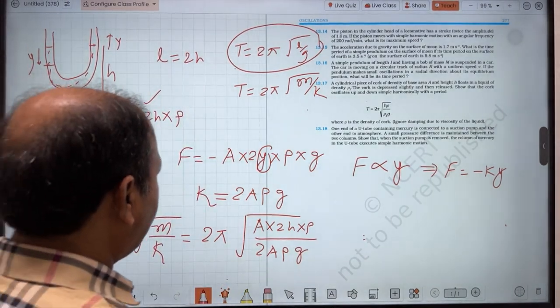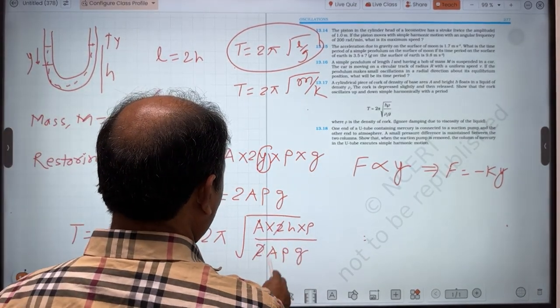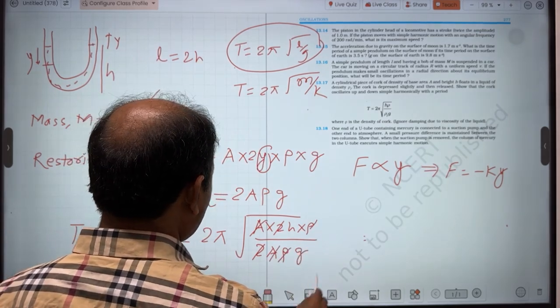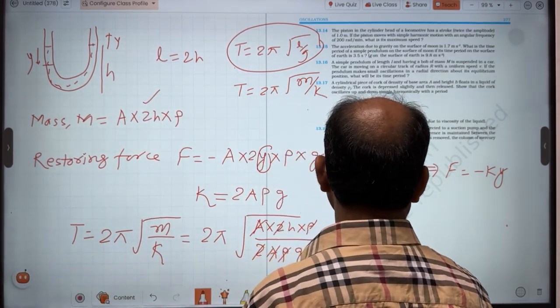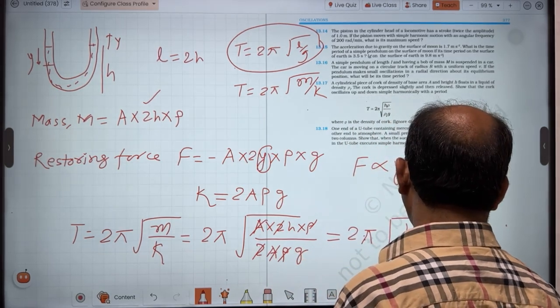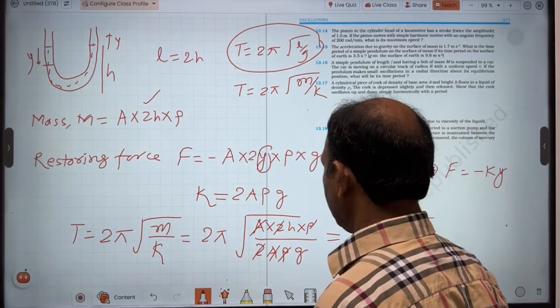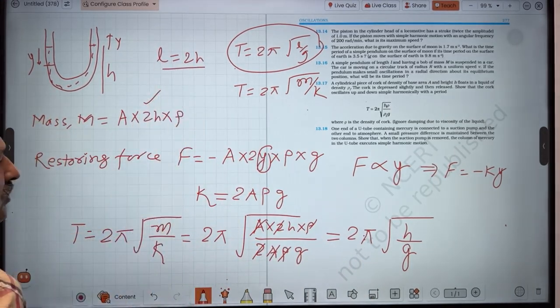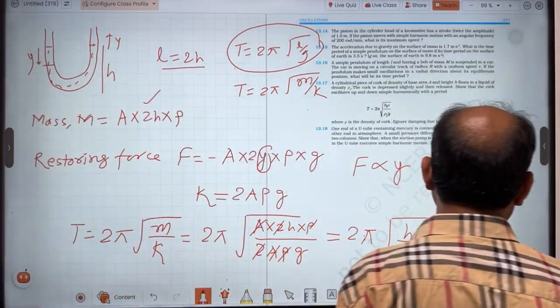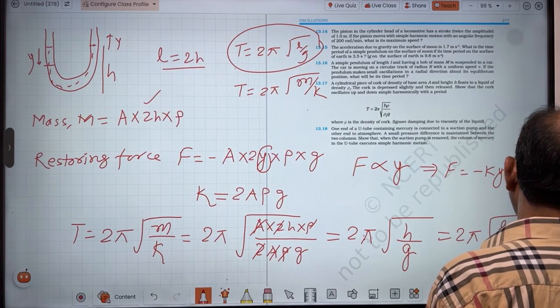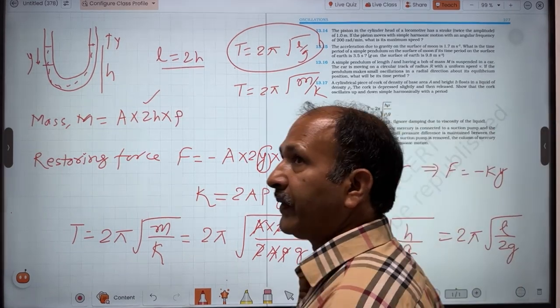Right, so what is left? The 2 will cancel out, A will cancel out, rho will cancel out. So we will be left with 2 pi root of h upon g. But as I told you, h is equal to L by 2. So 2 pi root L by 2g. So this is the final expression.